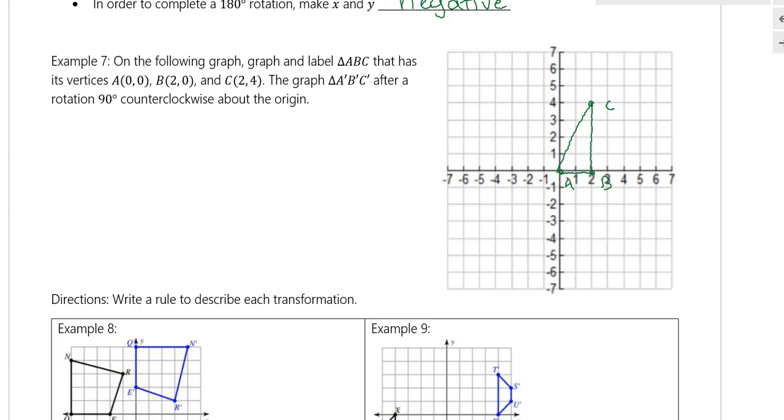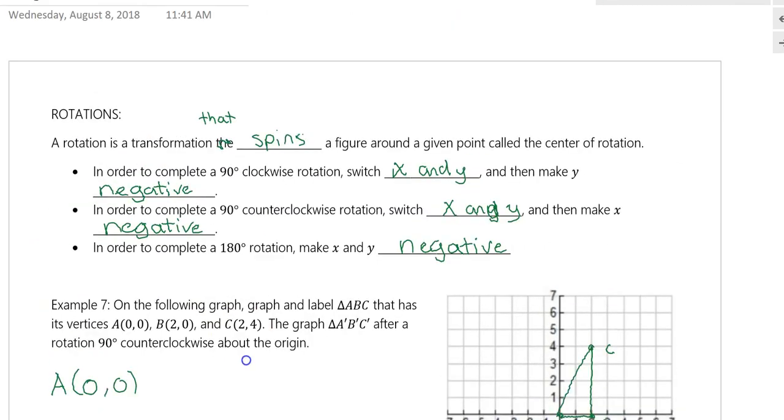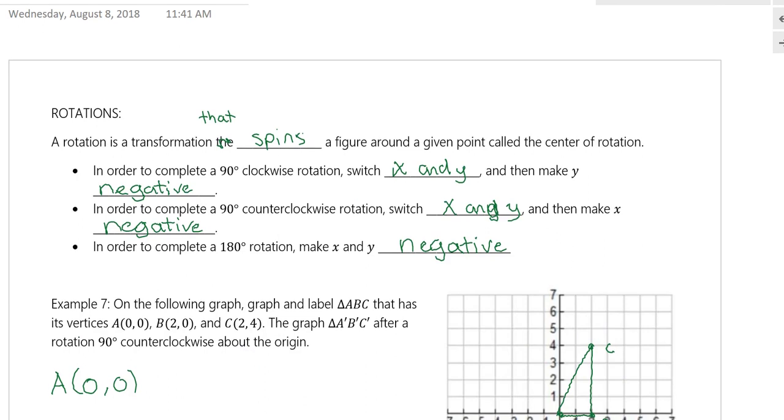Now I'm going to graph triangle A prime, B prime, C prime after rotation 90 degrees counterclockwise. So if we look above, counterclockwise, I need to switch X and Y and X becomes negative.